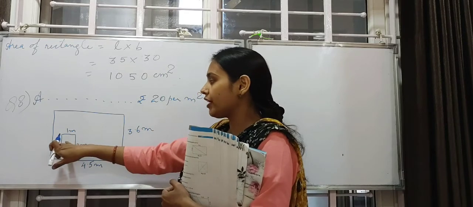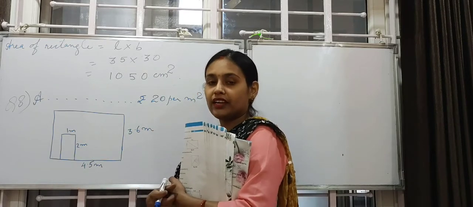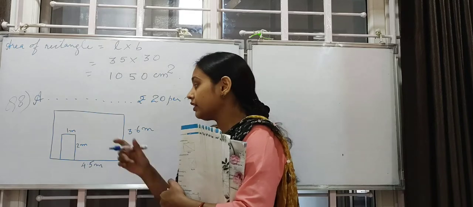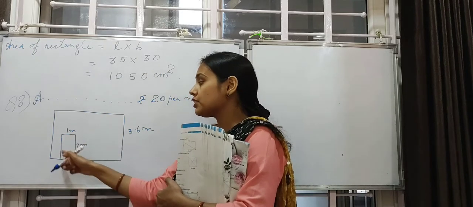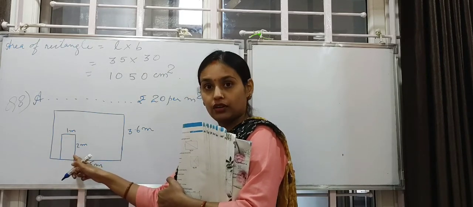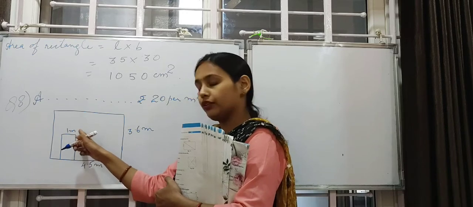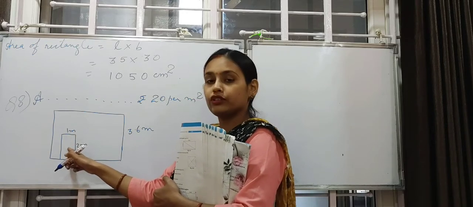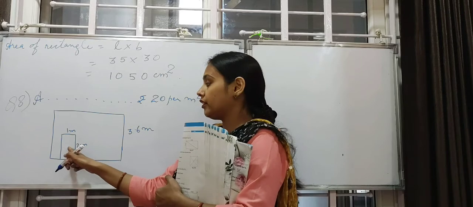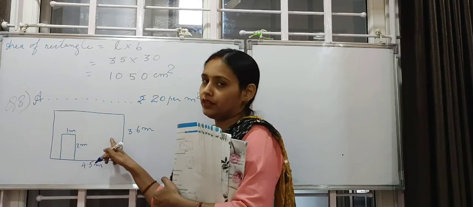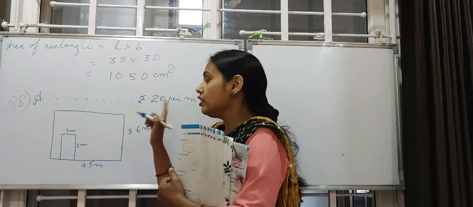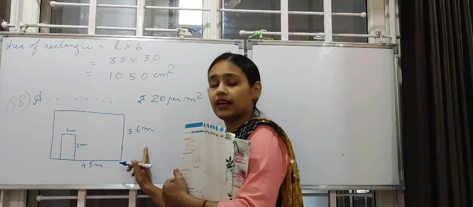Also, we don't whitewash on the door. Do we whitewash the door? No. That means we'll have to remove this area of the door. Right? So we will find the area of the door also, and then we are going to minus the area of the door from the area of the wall. Okay. So what all is given, that we are going to write.